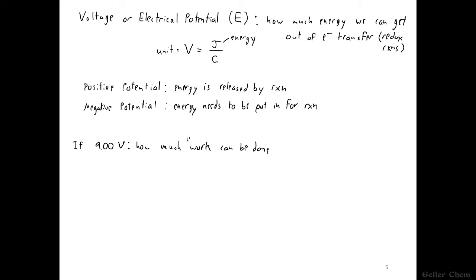And let's put work can be done in quotes, and then underneath define that as meaning energy released. So how much energy can be released by 0.0116 moles of electrons being transferred?